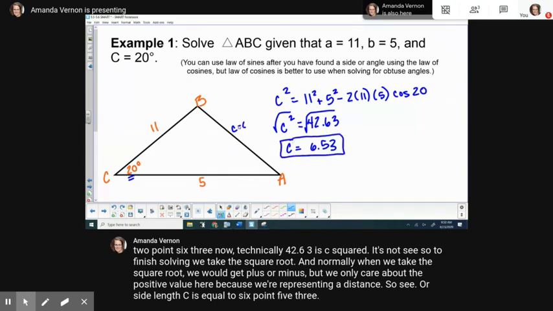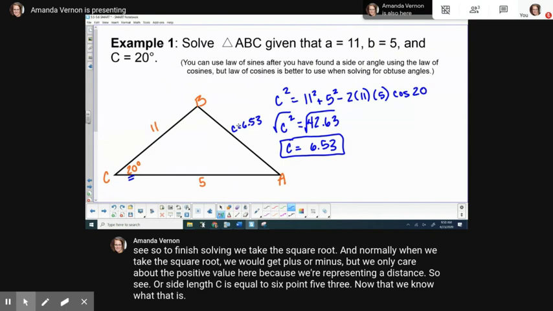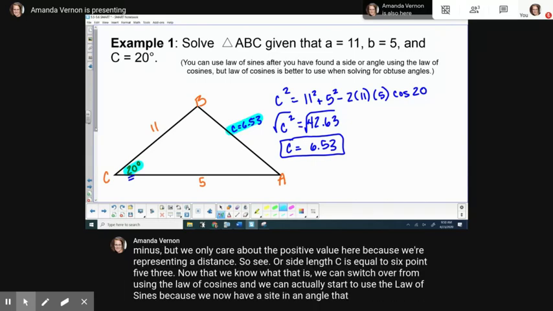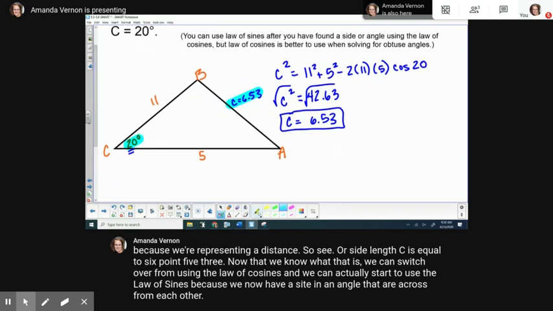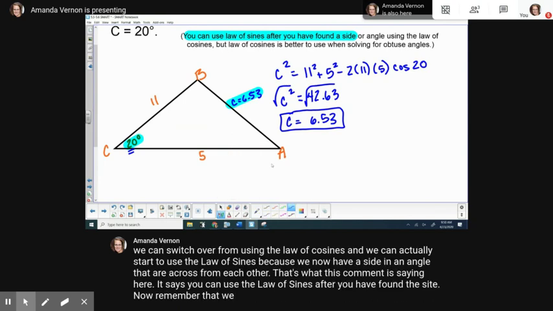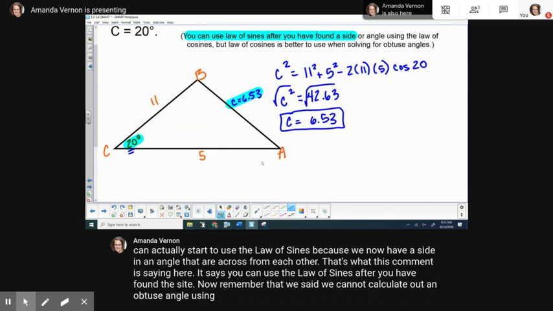Now that we know what that is, we can switch over from using the law of cosines and start to use the law of sines because we now have a side and an angle that are across from each other. That's what this comment is saying here. It says you can use the law of sines after you have found the side. Now, remember that we said we cannot calculate an obtuse angle using the law of sines.